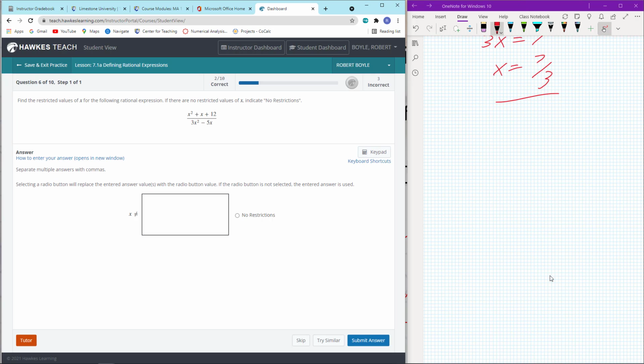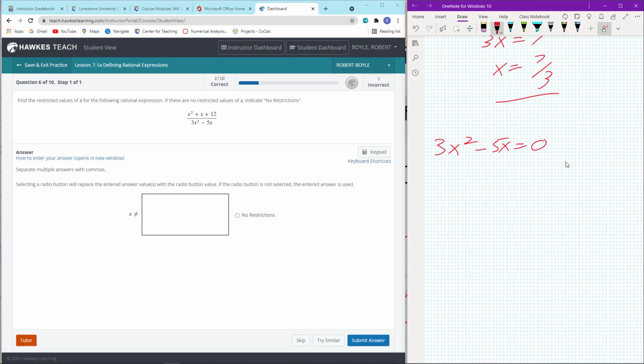Okay, for this one, we have x squared plus x plus 12 divided by the quantity 3x squared minus 5x. Now the values of x which will be restricted here are the values that will cause the denominator to go to 0, and that means the values of x that cause 3x squared minus 5x equal to 0.